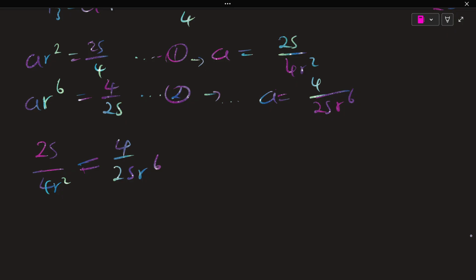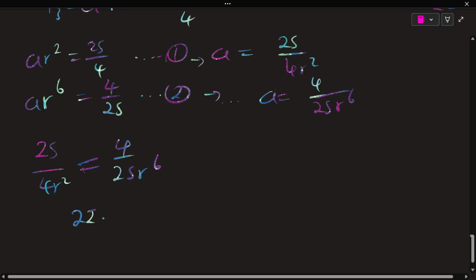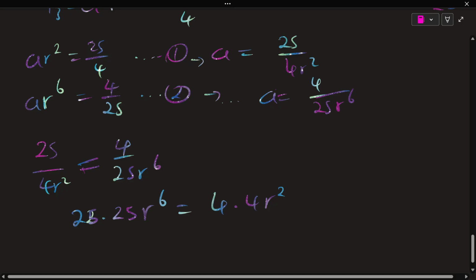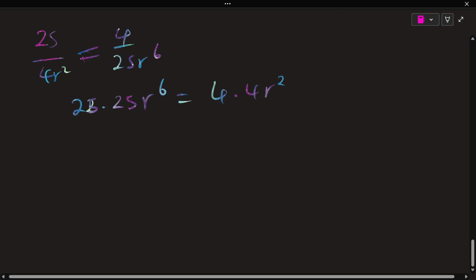Now, to solve for r in this case, let's do something called cross multiply. We're going to have 25 multiplied by 25 r to the exponent 6 equal to 4 multiplied by 4 r to the exponent 2.